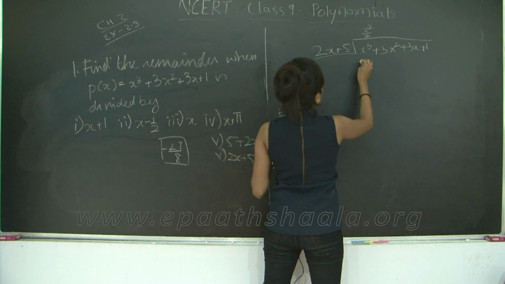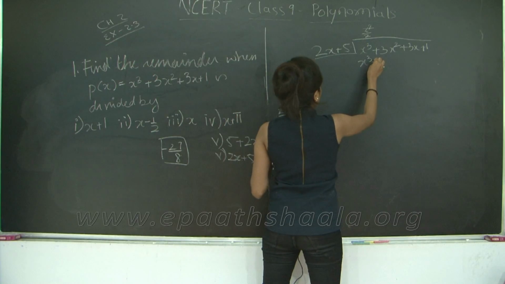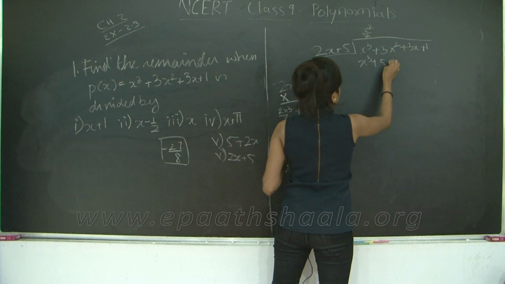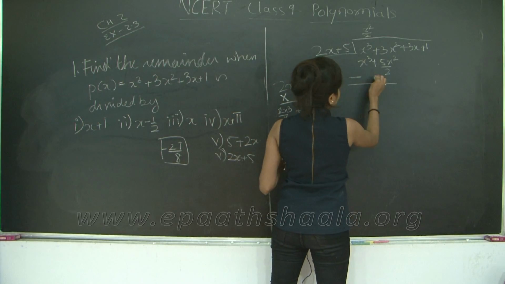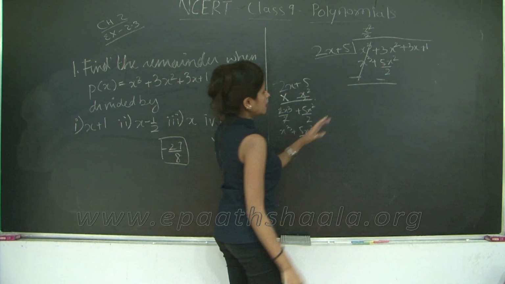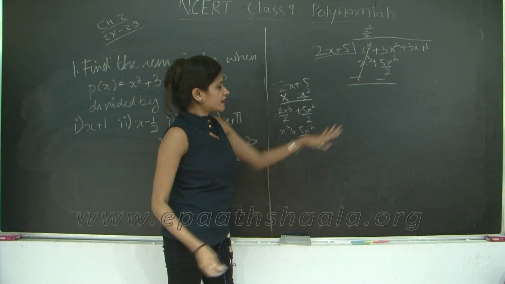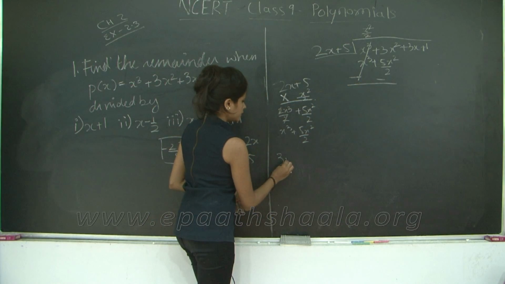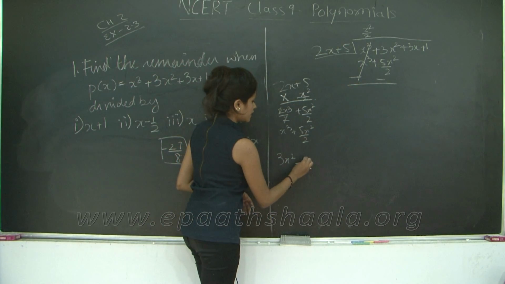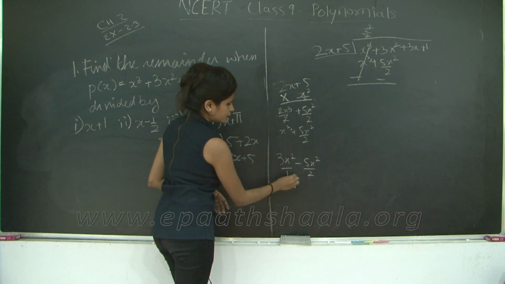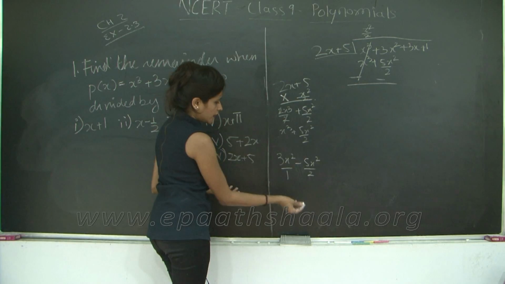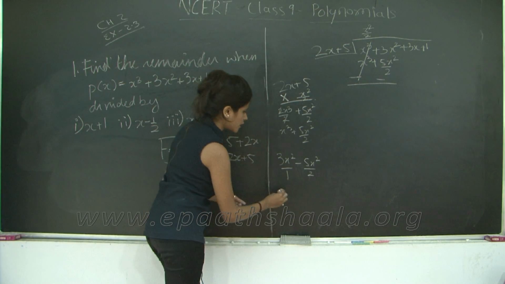Give me x cube plus 5x square upon 2. You cancel this out. Now 3x square minus 5x square upon 2 will give me 3x square minus 5x square upon 2. So the LCM is 2, because 3x square is nothing but 3x square upon 1.